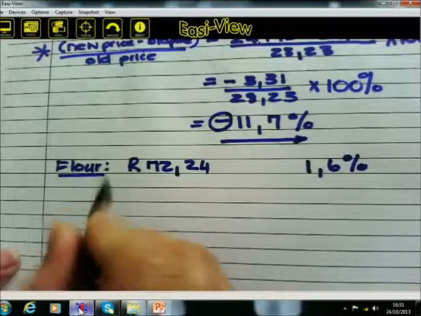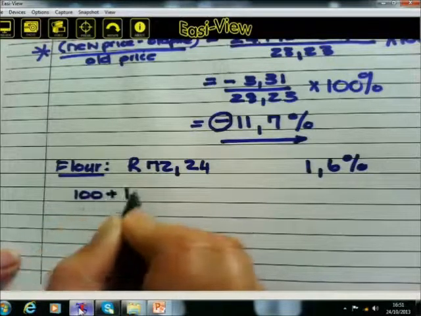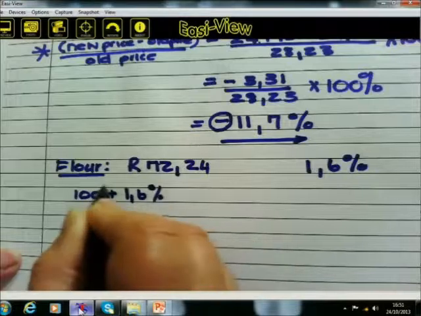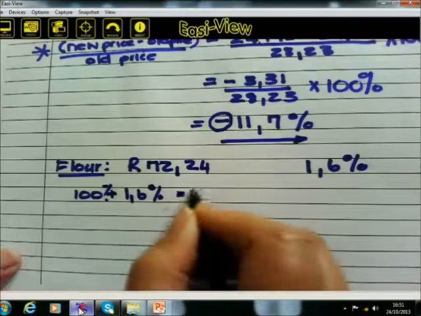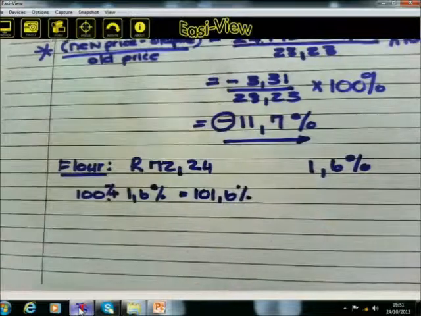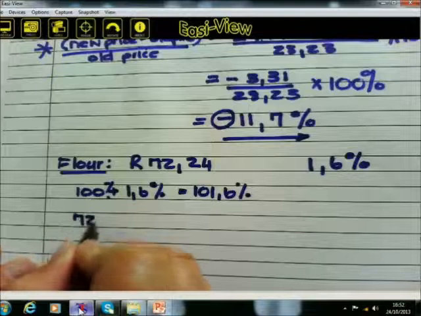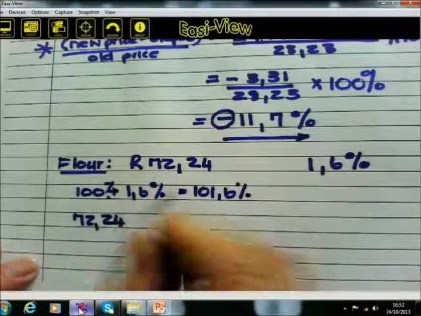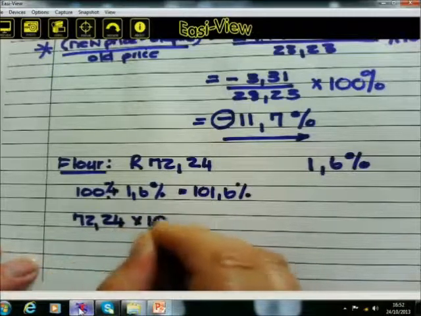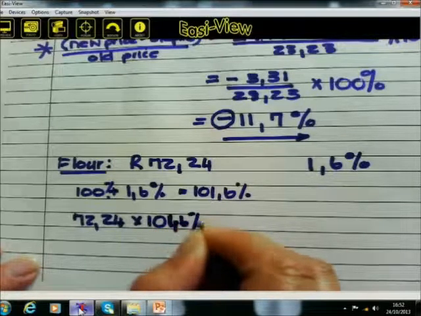I can say either it is the 100% of the price plus the 1,6%, which equals 101,6%. And then I can say it is the 72 Rand 24 multiplied by 101,6%.